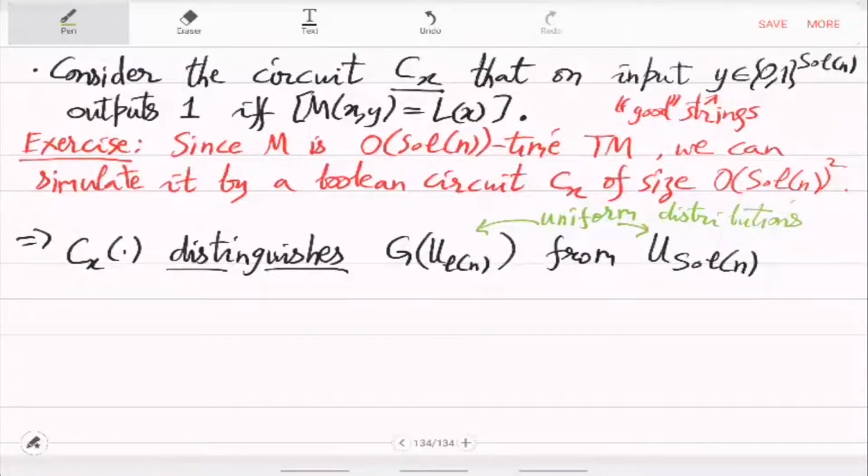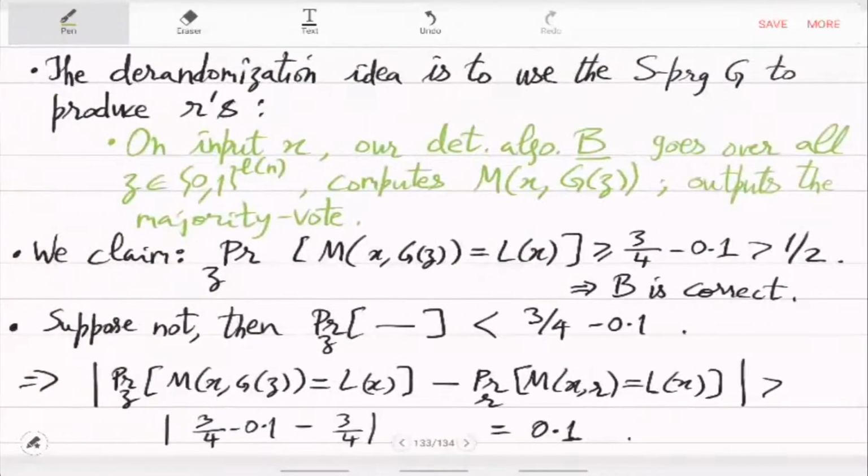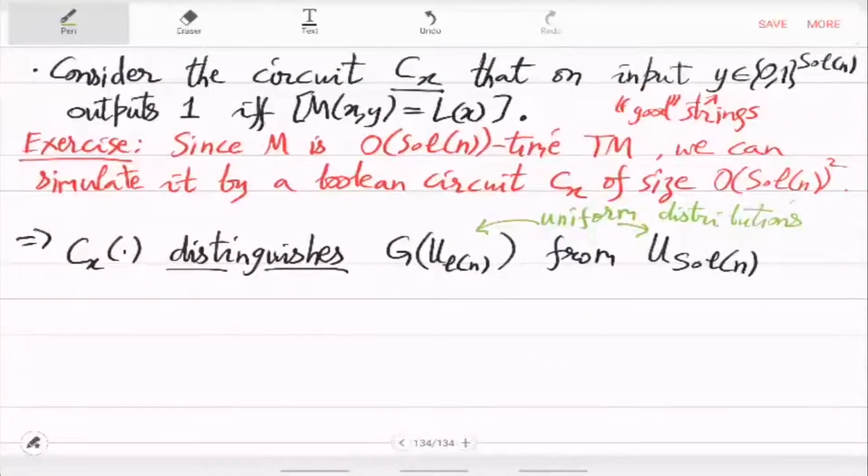Okay, so U denotes a uniform distribution of appropriate size, and G of U_L you can distinguish it from U of S_L using Cx, right, because we have assumed that the probability difference is larger than 0.1. So, this is what we are using, and that is contradicting the definition of SPRG G.